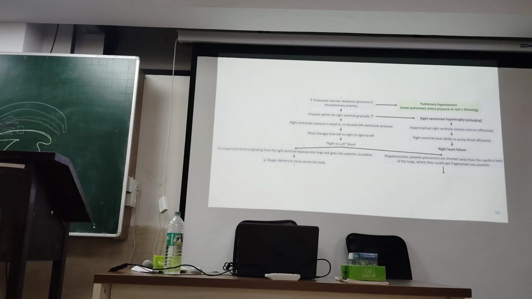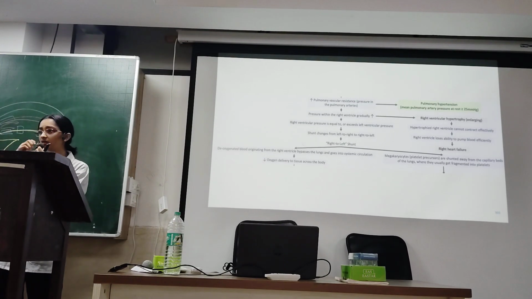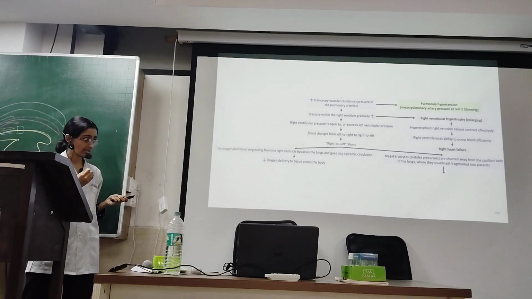one of the major reasons for sending blood to the pulmonary circulation obviously is to get blood oxygenated, but also there are larger cells present in your blood known as megakaryocytes, which are precursors to platelets. And because your pulmonary capillaries are very small vessels, these megakaryocytes can be broken down into platelets within these pulmonary capillaries.